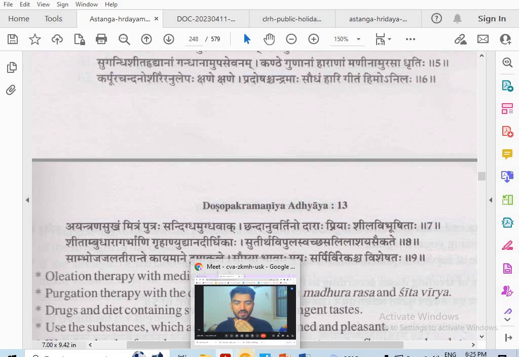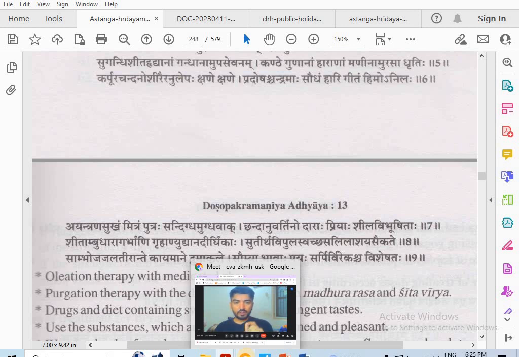Who has a very cute and innocent speech. We know children speak in a very different way with a very cute and innocent style. So having a son who speaks in a very cute and innocent way, that kind of company of a son is also very beneficial. So putra, but which type of putra? Sandigdha mugdha vak. Okay.